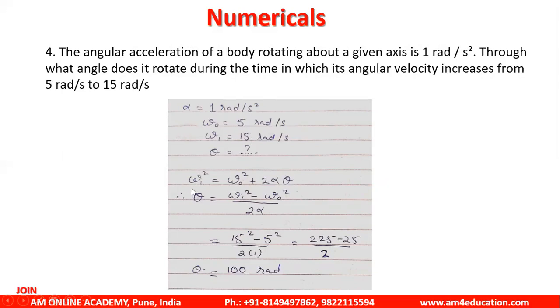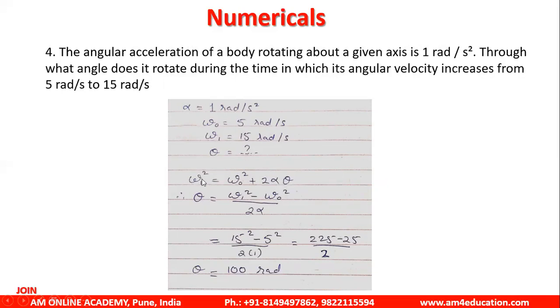So we found that it's fitting in the second kinematic equation, omega 1 square equals omega 0 square plus 2 alpha theta. Omega 1 is given, omega 0 is also given, alpha is also given, and we have to find out theta. So let us use this second kinematic equation.